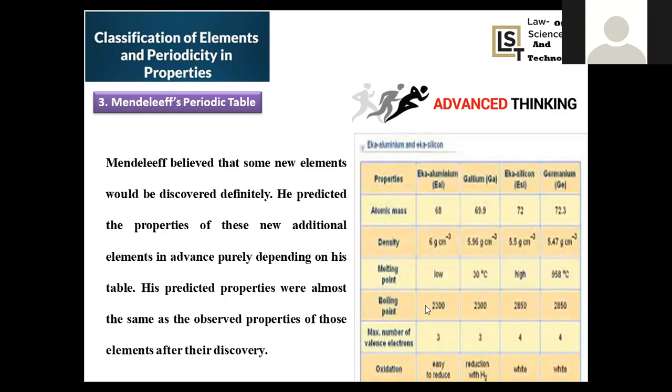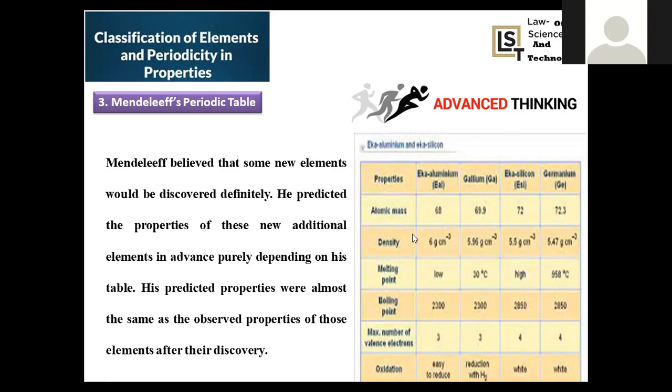He mentioned the properties of those unknown elements also. That is the kind of advanced thinking, purely depending upon the table. His predicted properties almost resembled the elements discovered later. In the future, whatever elements were discovered possessed the properties Mendeleeff expected.